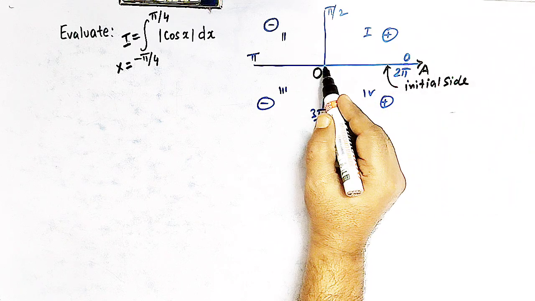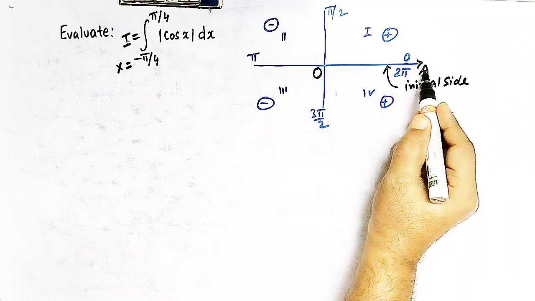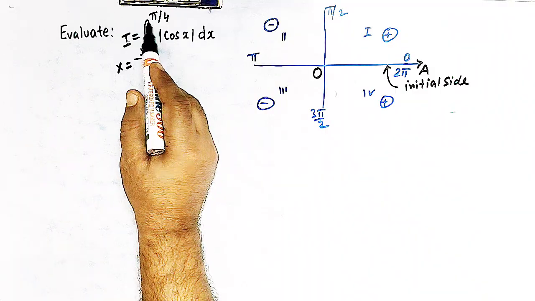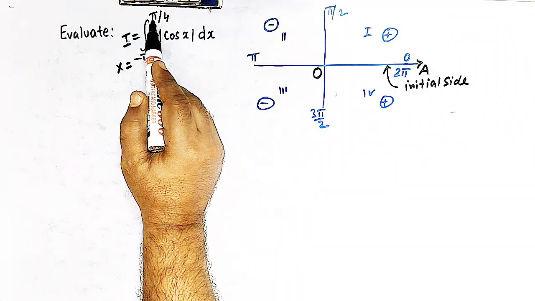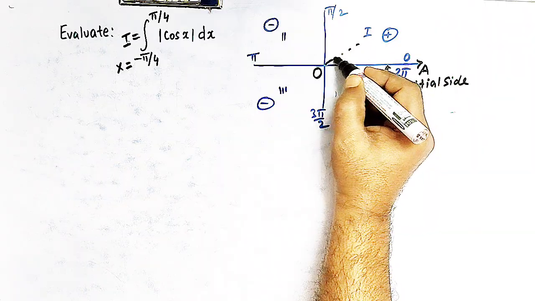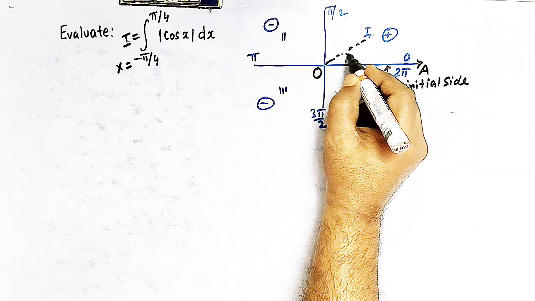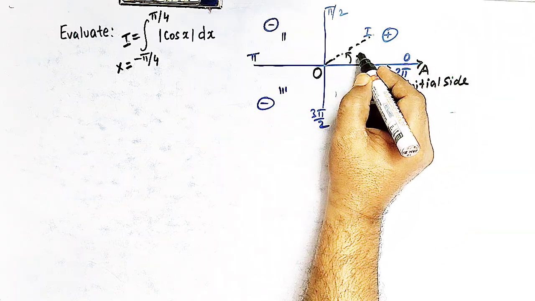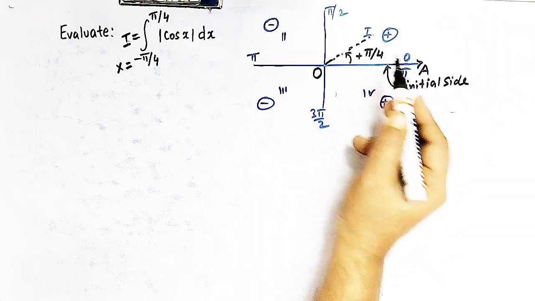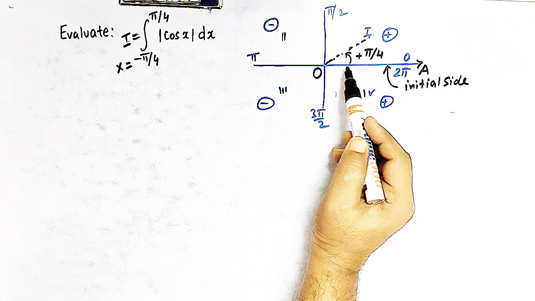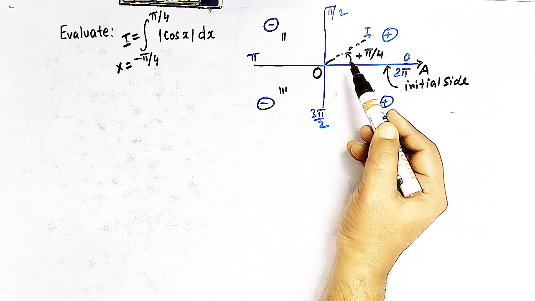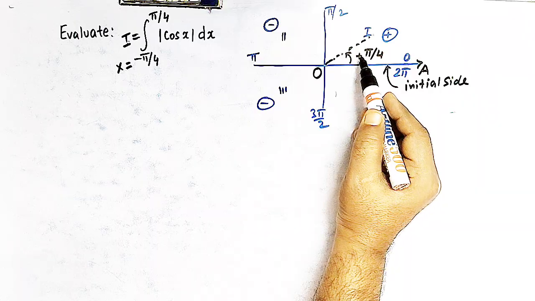And when we rotate this initial side in anti-clockwise direction, and we form an angle of say pi by 4 like this. Suppose this is our angle pi by 4, right? So here we take the angle as positive pi by 4, because when we measure an angle in anti-clockwise direction, then the angle is taken as positive, right?